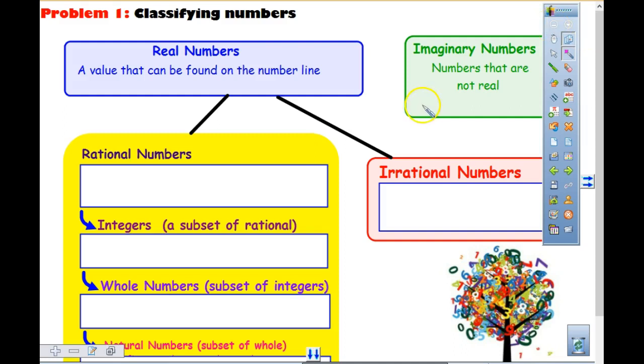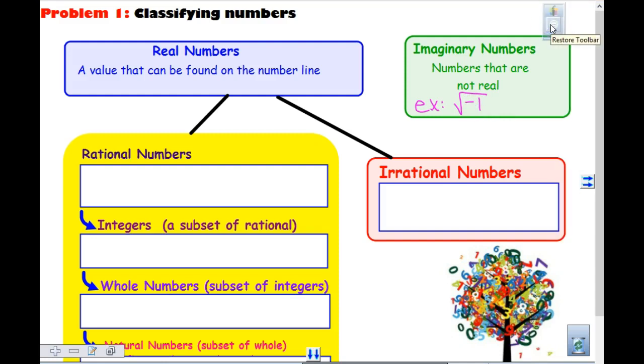An example would be like the square root of negative 1. That is considered to be an imaginary number. Square root of any negative. This is negative underneath because there's not two numbers that are the same number that can multiply to give you negative 1 or give you negative 4, right?